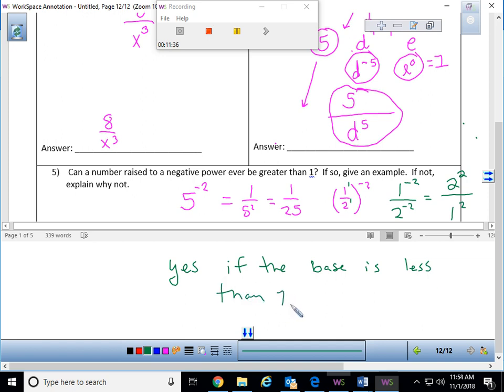And what do I mean by that? Well, here our base is greater than 1, so when we did a negative exponent, we got an answer that was less than 1. Here our base is less than 1, but when we did a negative exponent, we got an answer that was greater than 1. So yes, if the base is less than 1.